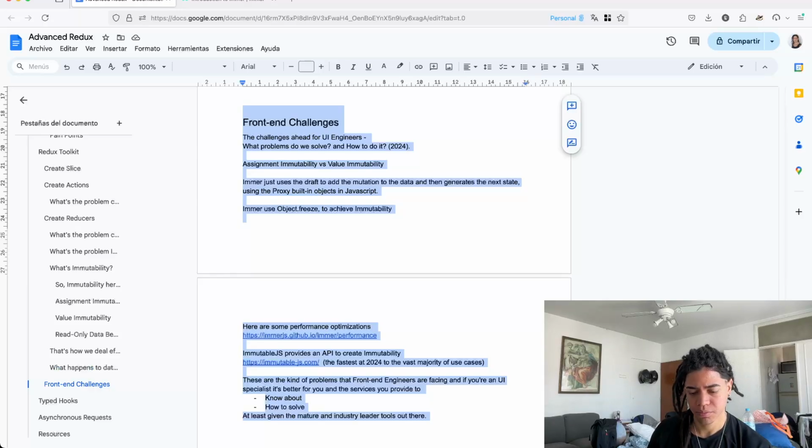Describe the role of UI engineers and the problems they face, particularly with state management.